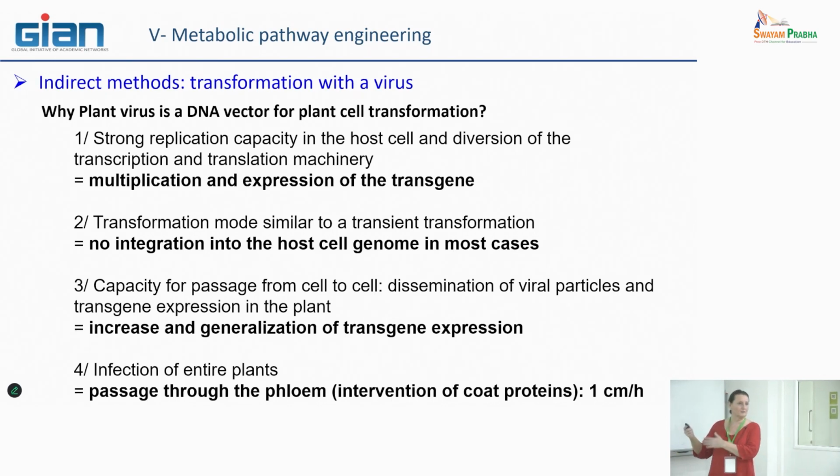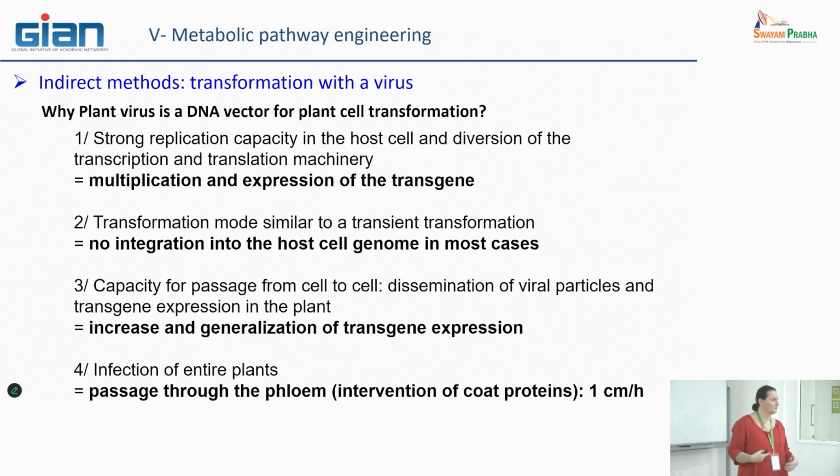Here the transgenes are viral ones, but as we have seen that we can substitute genes, for example, in bacteria, we can do exactly the same in the virus. So instead of putting a sequence that encodes a capsid protein, you can put a gene that encodes an enzyme or protein of interest.